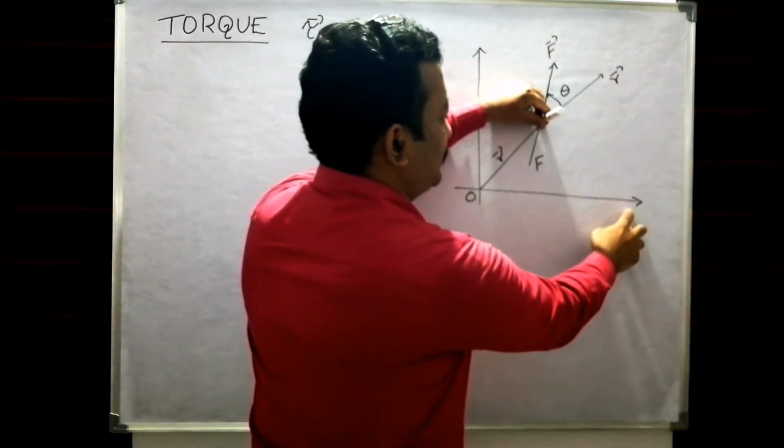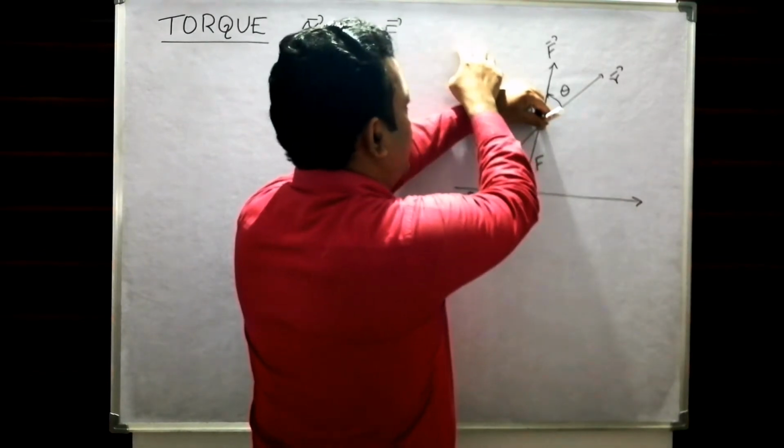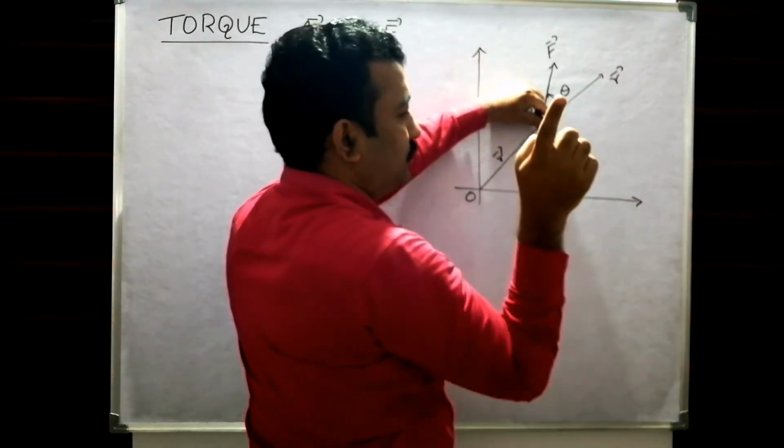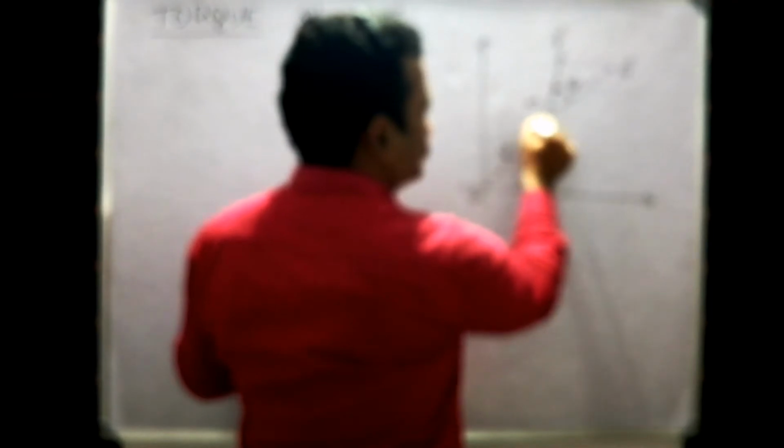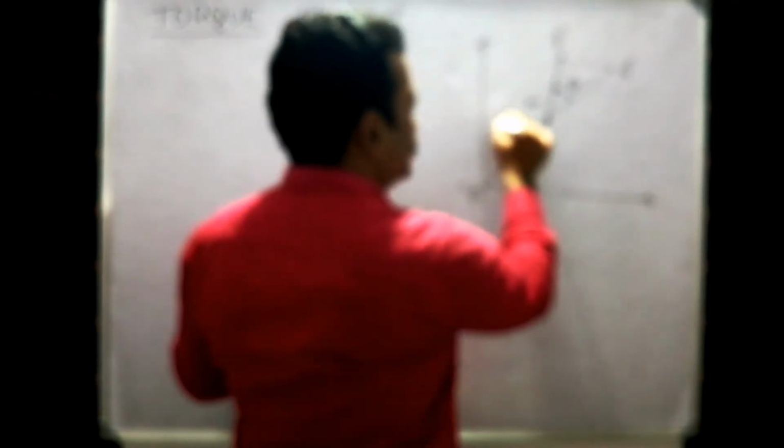If this is taken as the x-axis and this as the y-axis, the torque will be perpendicular to that, on the z-axis. This will be the direction of the torque.